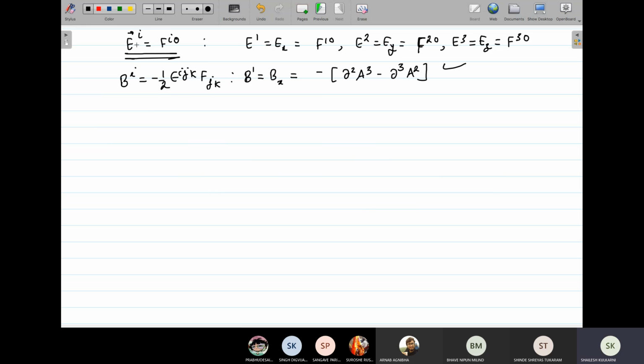So I have Ei and I have Bi expressed in terms of some two index and one index objects. But the way we have constructed these objects, I can now write a two index object F mu nu in the following way.